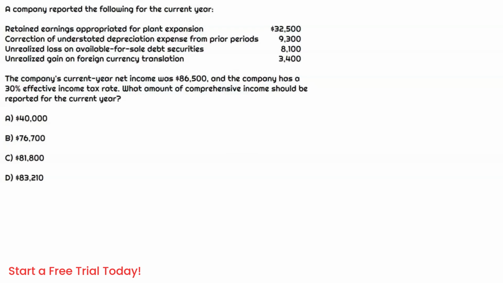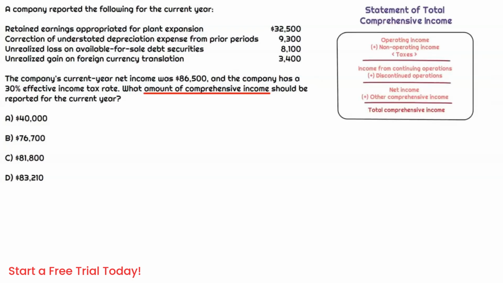Now, ultimately, we need to figure out what the amount of comprehensive income should be reported for the current year, right? So this is total comprehensive income, which is going to include net income as well as other comprehensive income, which has to be net of tax, right? So we have to add those two together.